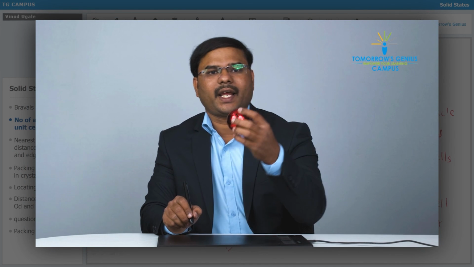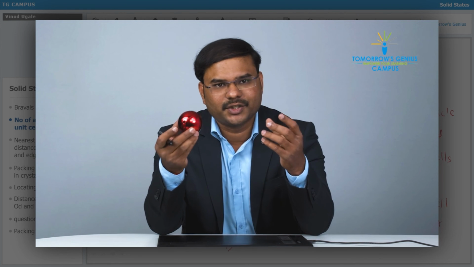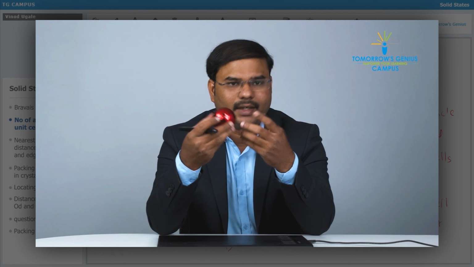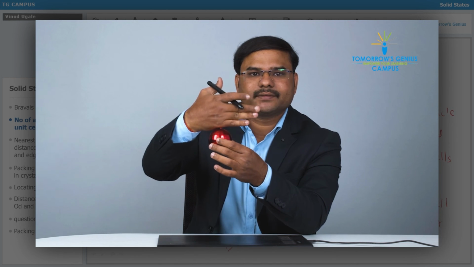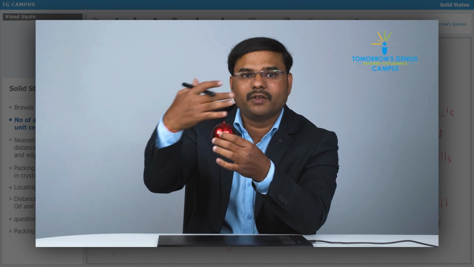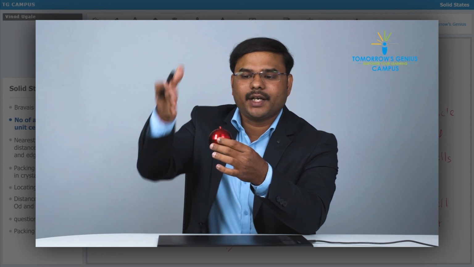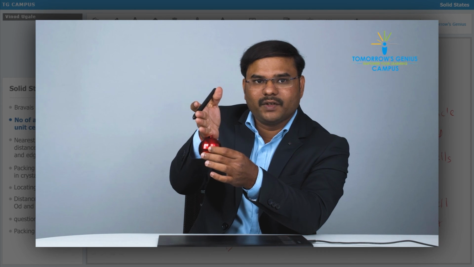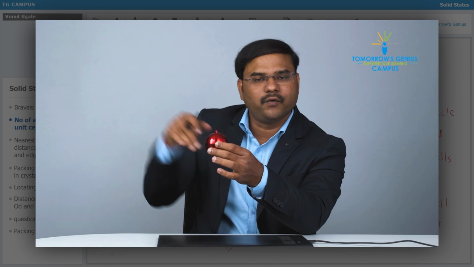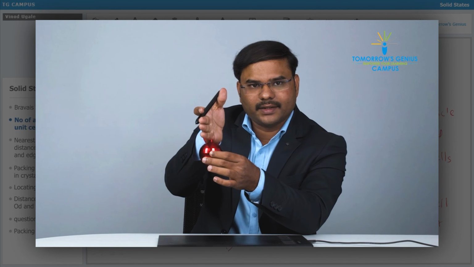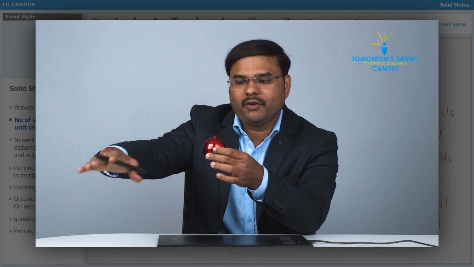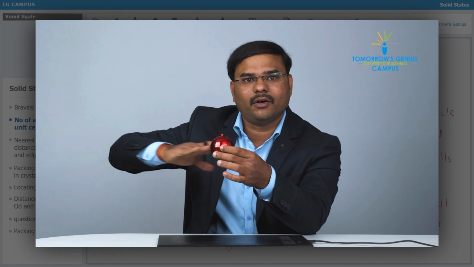So suppose you are having this as a constituent particle, as a lattice point, as an atom. What will happen? It is going to get cut like this. So it will get divided into 2 parts. Again you are going to cut it like this, it will get divided into 1, 2, 3, 4 parts. First we have a cut like this, then we have a cut like this. Are you getting it? Then we will have the horizontal one, a cut in a horizontal plane.